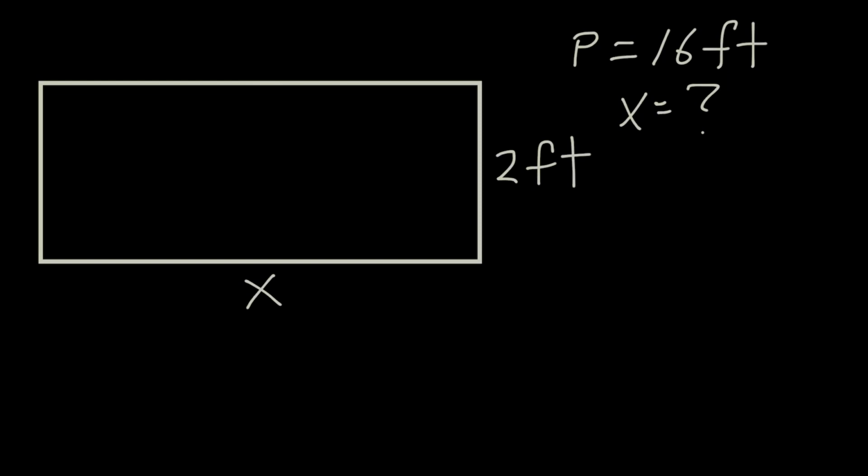If the right side is 2 feet, that means the left side must also be 2 feet. If the bottom is x, that means the top portion must also be x. So we can write the equation like this.